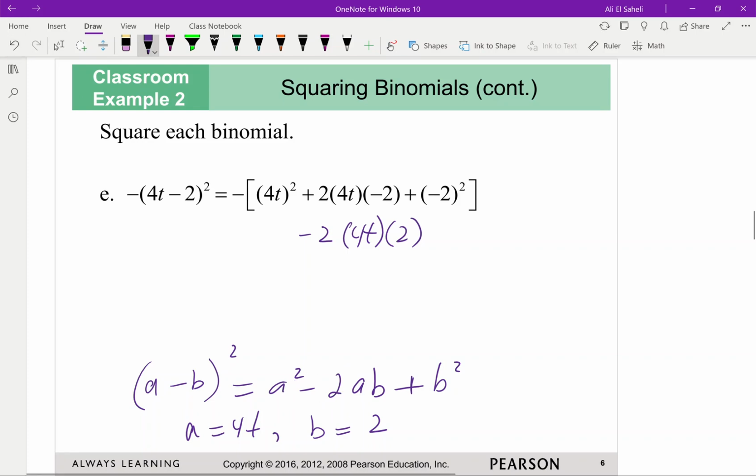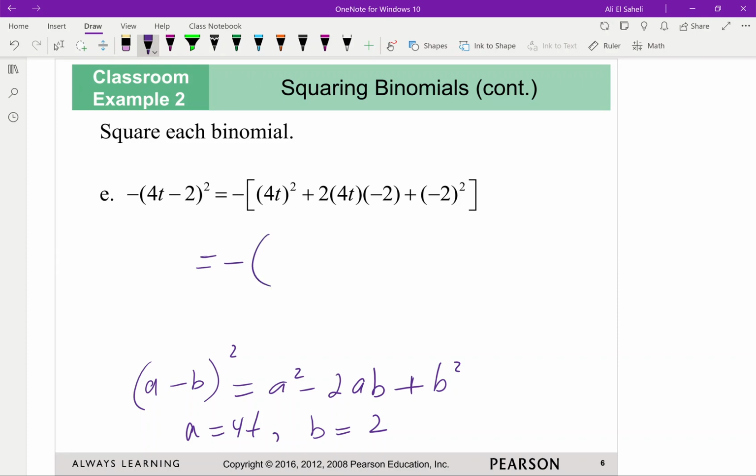Minus 2AB. Okay? But it's the same. You get the same answer. Plus B squared.